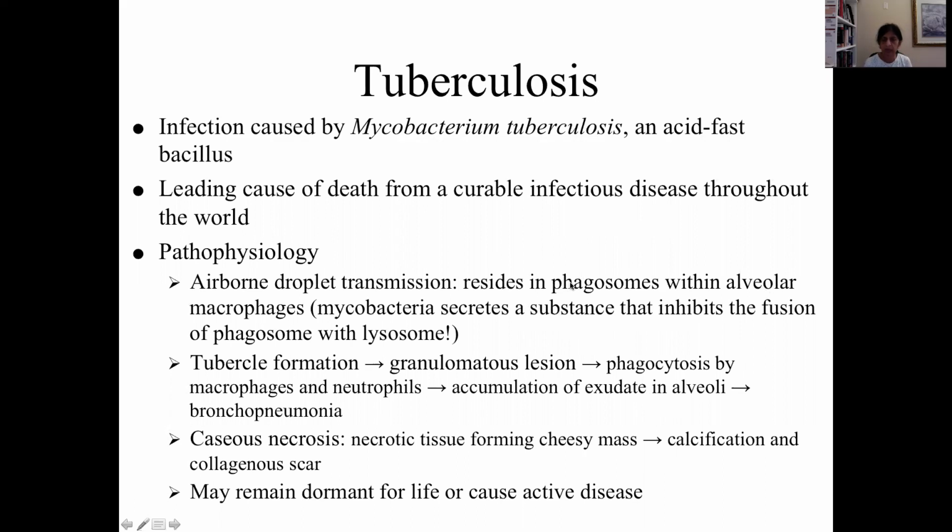Okay, those alveolar macrophages, having phagocytosed the droplet, will be referred to as phagosomes. It's a common term. Now, a phagosome is typically brought in contact with the lysosome so that the lysosomal content can destroy the pathogen.